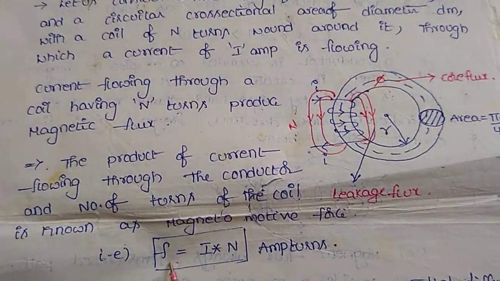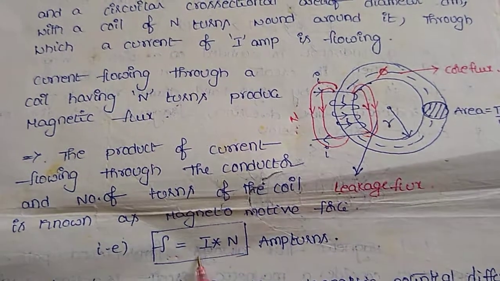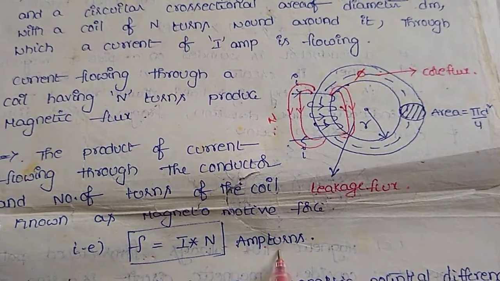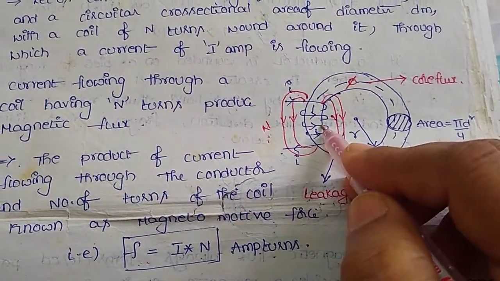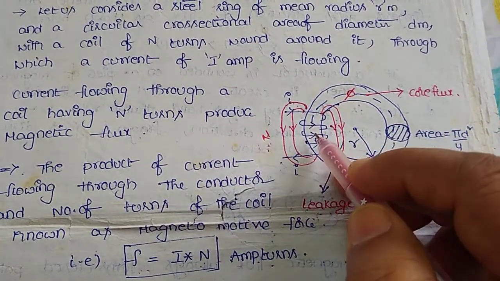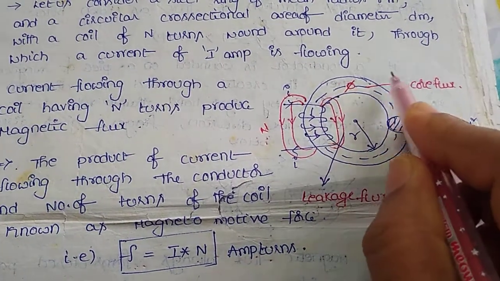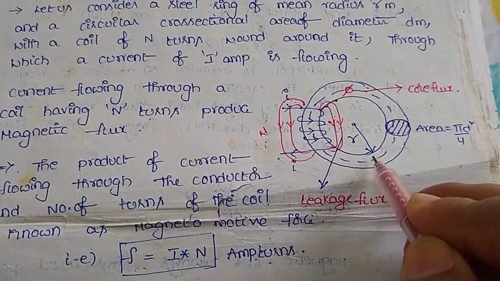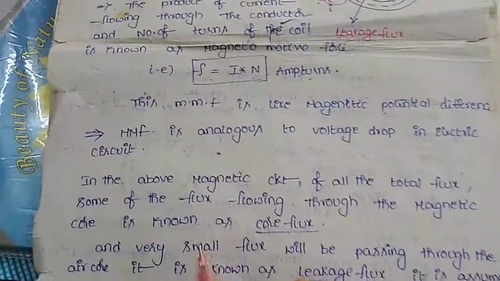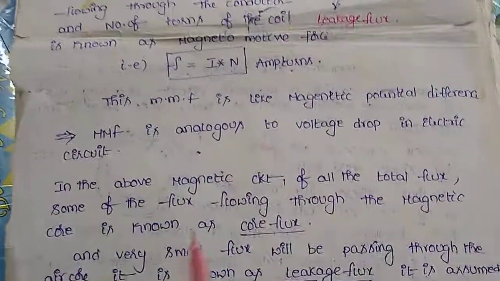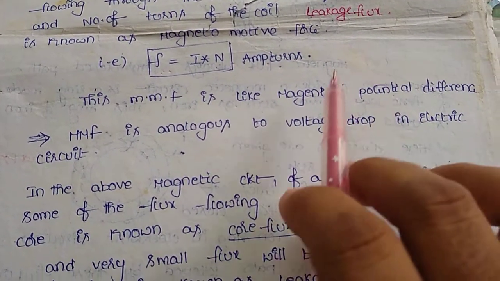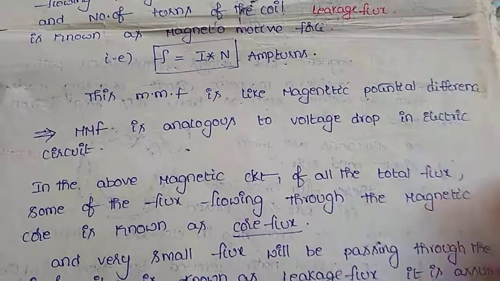Mathematically, magnetomotive force is the product of current and the number of turns of that coil, with the unit of ampere turns. How much magnetic flux is produced by this coil depends on these two parameters, N and I, and whatever flux is produced passes through this circular ring having a radius R, where the flux is denoted with the symbol phi. So the MMF is similar to EMF in an electric circuit. There EMF drives electric current, here MMF drives magnetic flux.